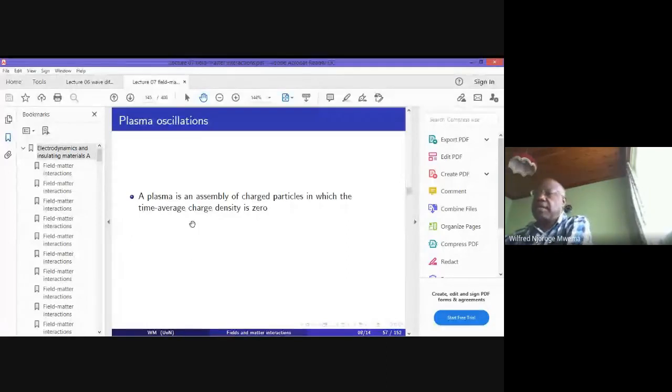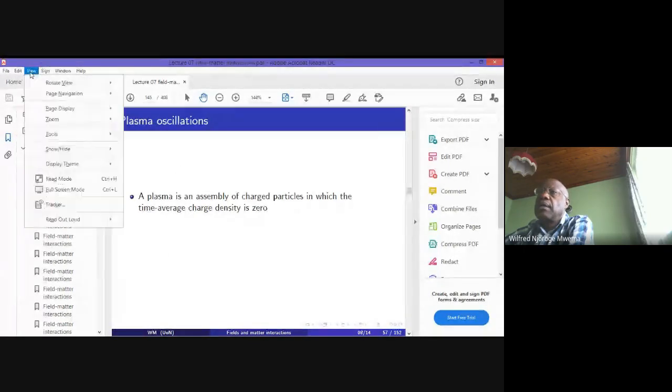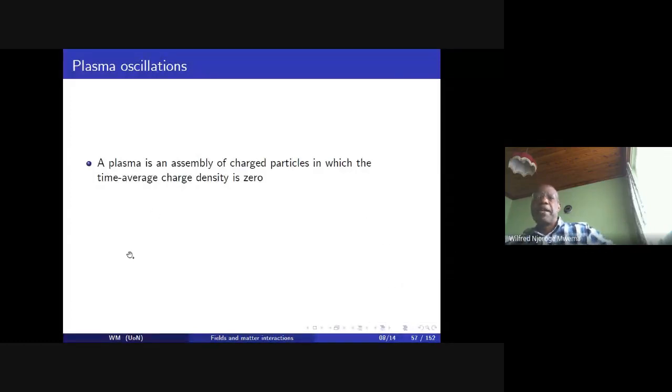So we'll now continue and look at what we are calling the plasma oscillations. If you recall what we said, a plasma is a substance that has an equal number of positive and negative charges in equal concentration, such that the net charge density is equal to 0.